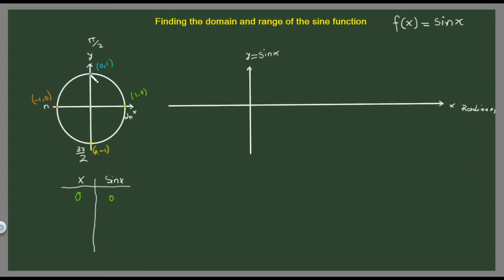So the sine value here will be 1. We have pi over 2, and the sine of it is 1. Now we go to pi, right here with the orange. Here we have -1 and 0, so the y value here will be 0.